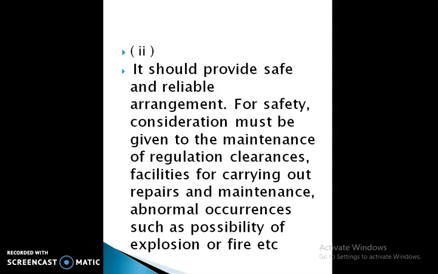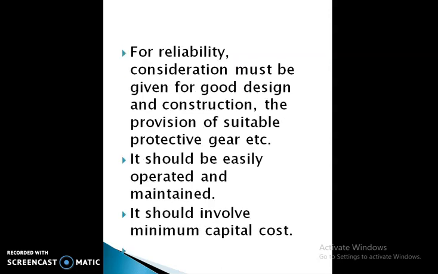Abnormal occurrences such as the possibility of explosion or fire in the substation, plant, transformers, bushings or circuit breakers, etc. must also be considered.